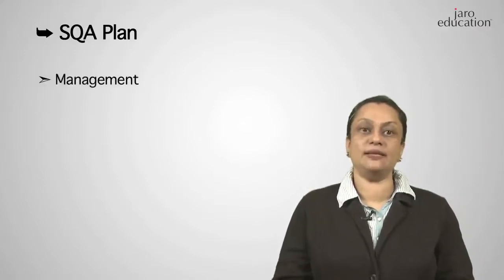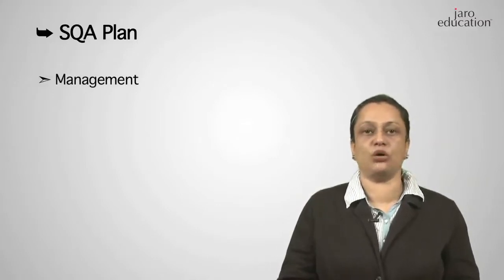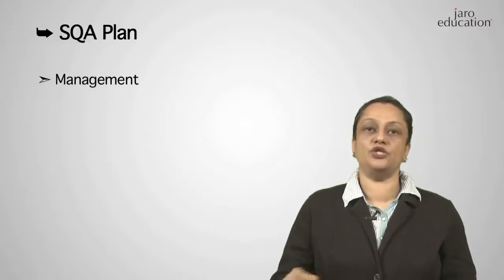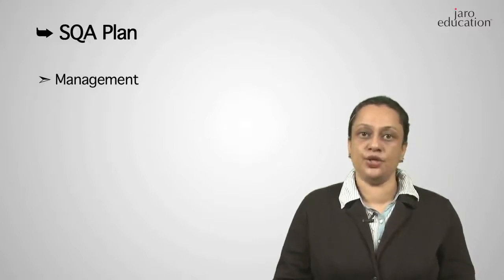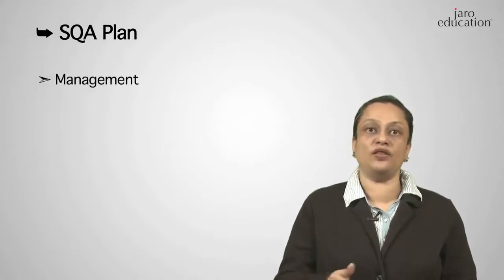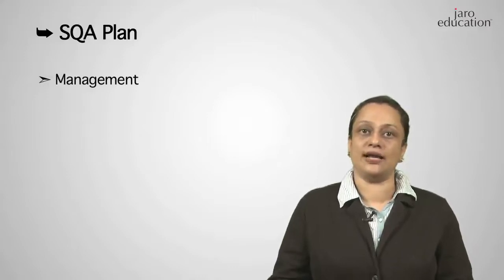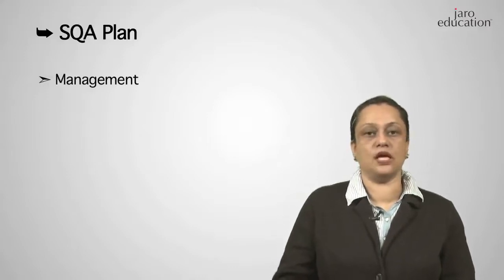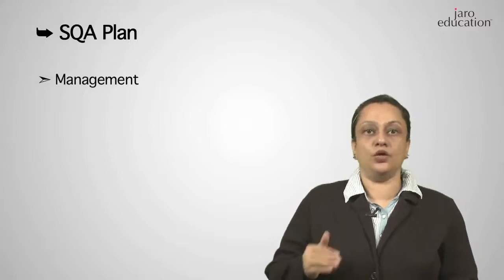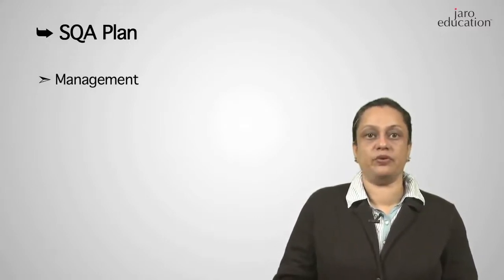The third category is the management category, and this is the huge chunk of the SQA plan, where first you will define the organization of the project, the SQA organization in the project. What are the different roles and responsibilities of the SQA, and what is the hierarchy, what are the reporting relationships in the project. Secondly, you will define the chronological sequence of tasks in which the SQA will participate.